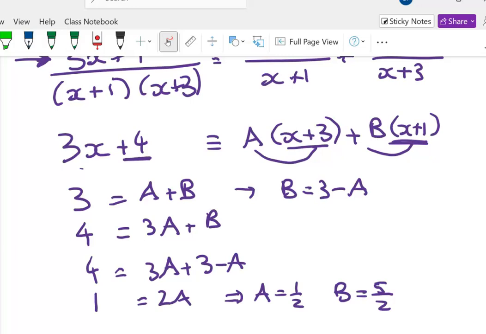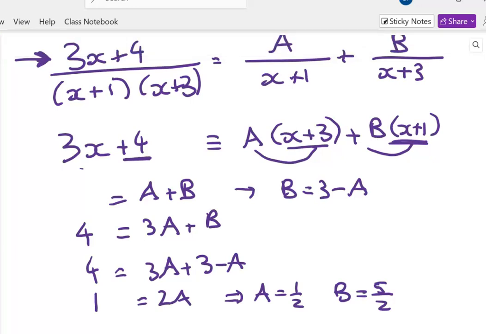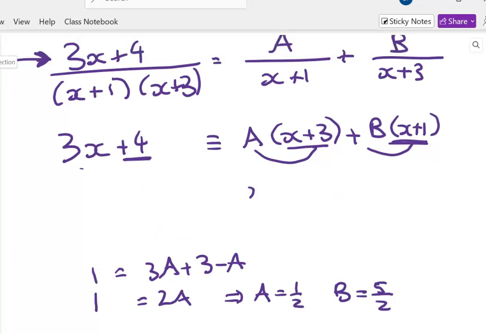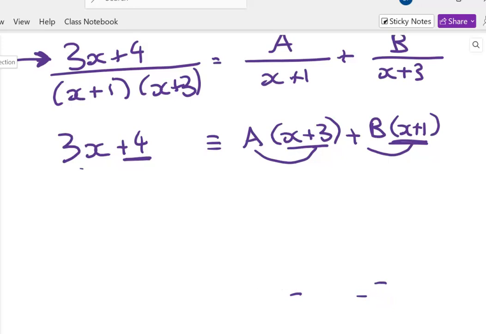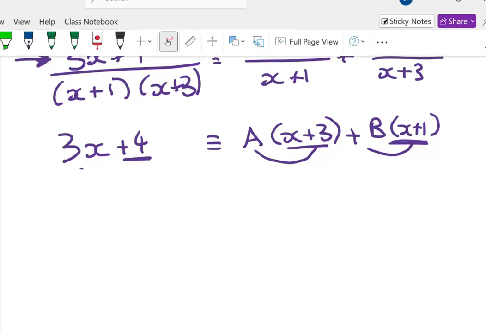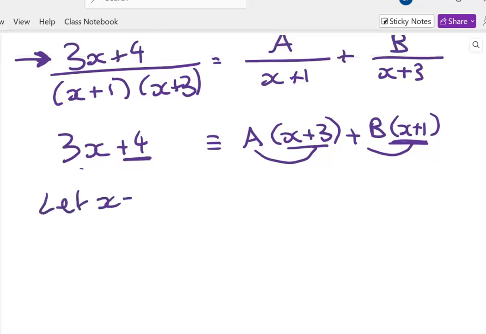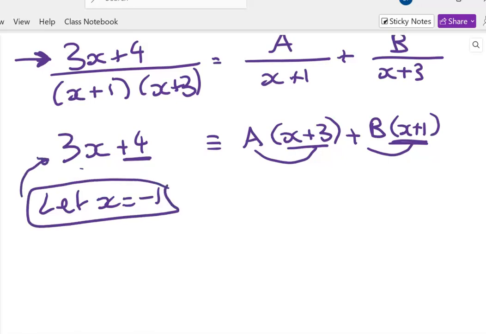So we know that our values are going to end up being a is a half and b is 5 over 2, but I'm just going to do that the usual way that we use, which is to choose x values to substitute in. Okay. So let x equal -1. That means that we can substitute in that value here.